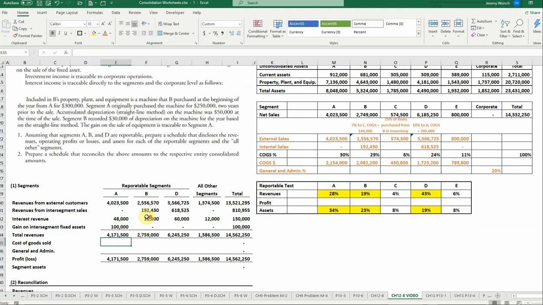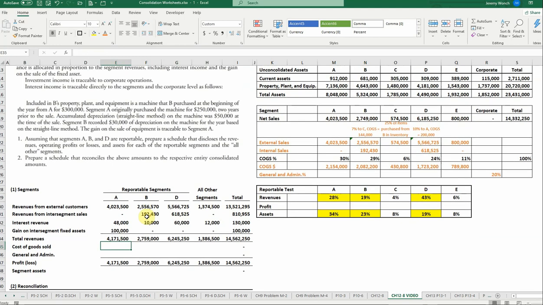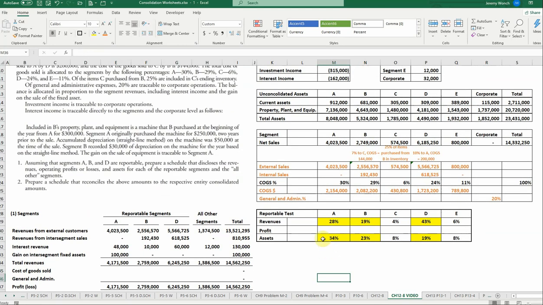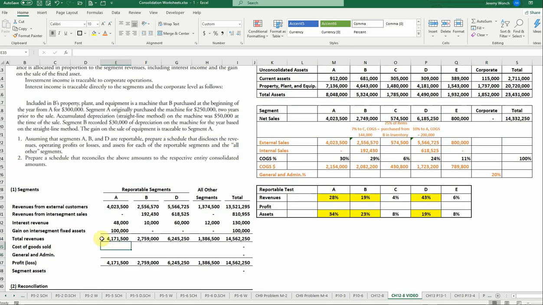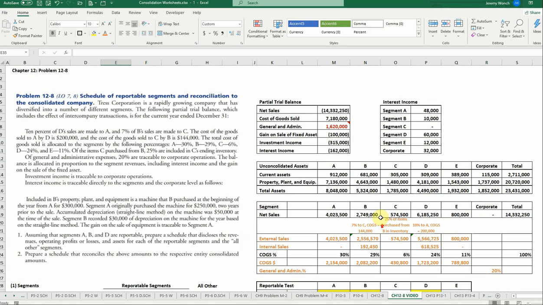All right, so now we need to do the cost of goods sold for each segment. So the total cost of goods sold, which the book messed up, is really 1,620,000.